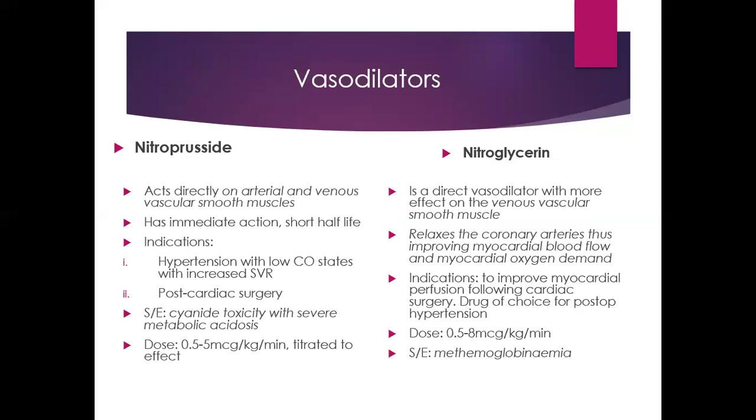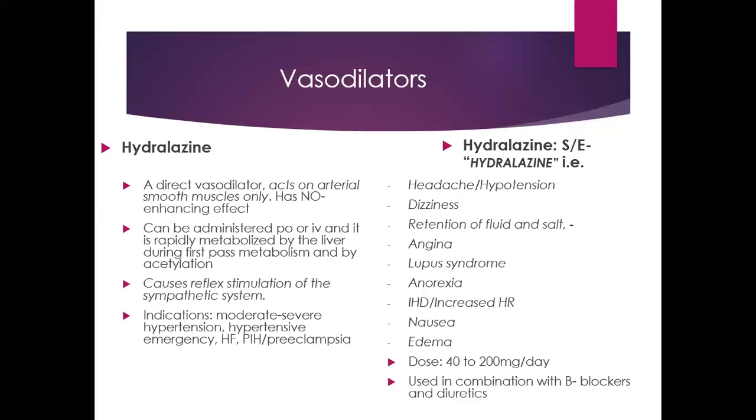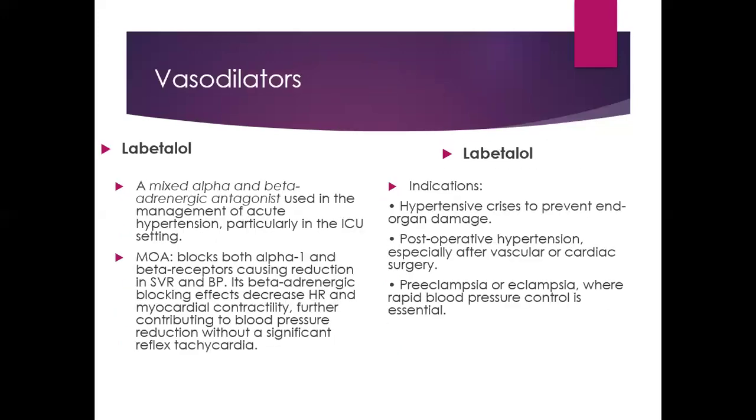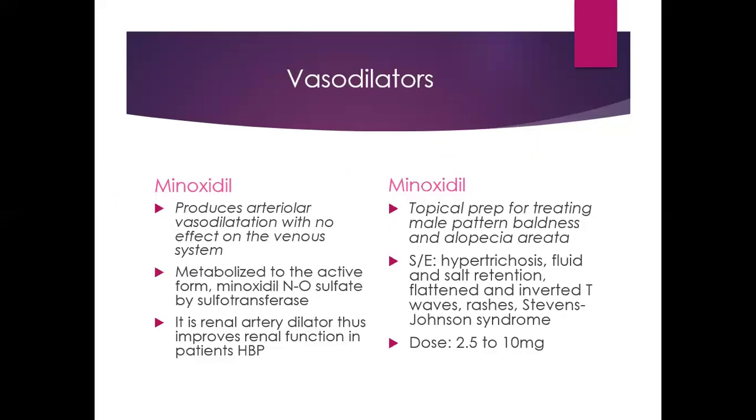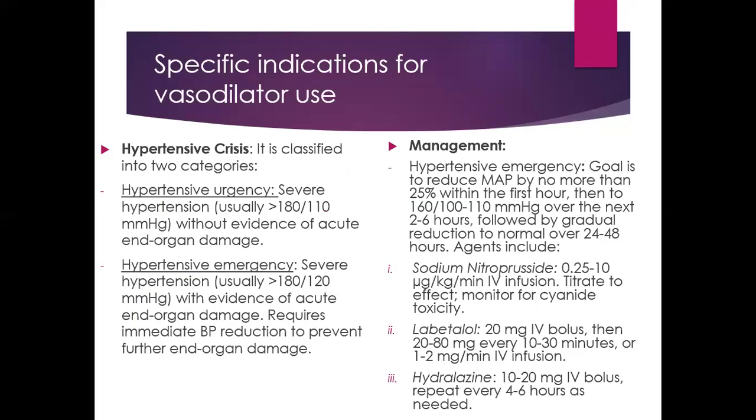All right, we can't talk about vasopressors, our time is getting up, without talking about vasodilators, and we mentioned them actually. I'm just going to go over some of the conditions where vasodilators are used in the ICU. Number one is hypertensive crisis.